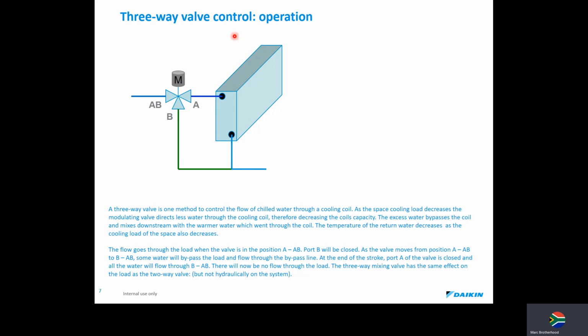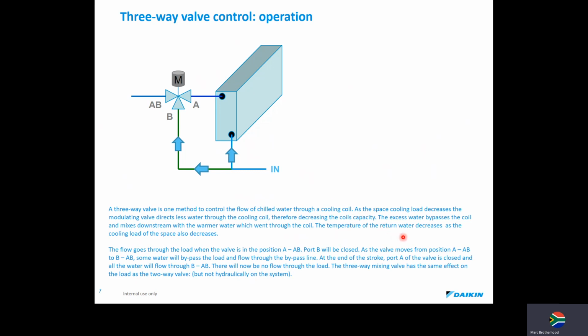If we have a look at a three-way control valve operation, here's typically your fan coil unit. So a three-way valve is one method to control the flow of chilled water through the cooling coil. As the space cooling load decreases, the modulating valve directs less water through the coil, and that will decrease the coil's capacity.